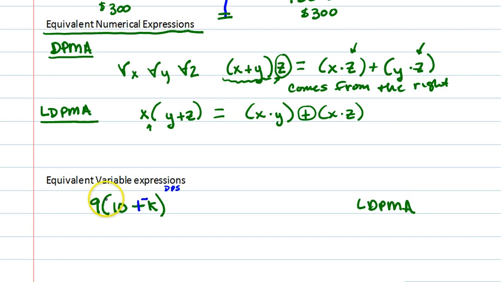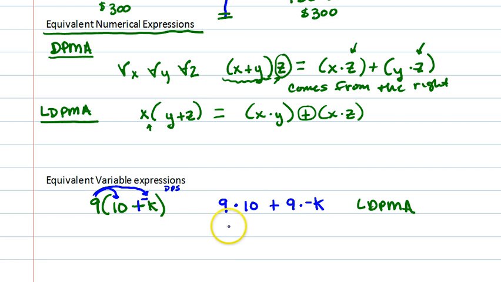Now let's see if we can find an equivalent variable expression. I'm going to start by taking my 9 and distributing it across the addition sign. So an equivalent variable expression to 9 times 10 plus the opposite of k would be 9 times 10 plus 9 times the opposite of k.